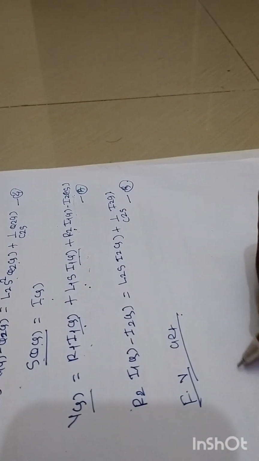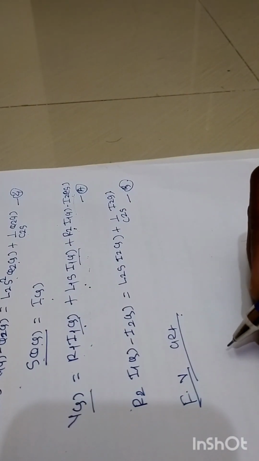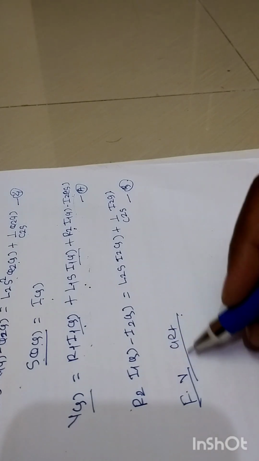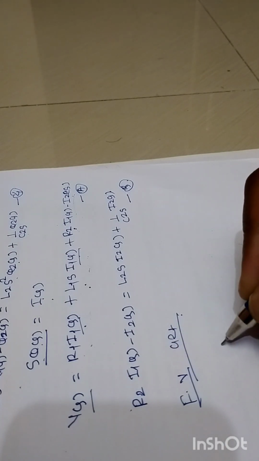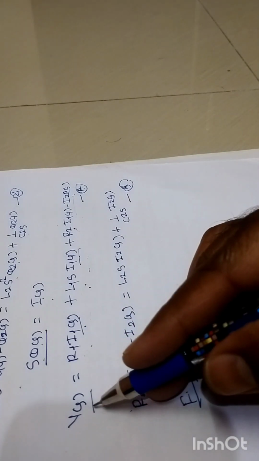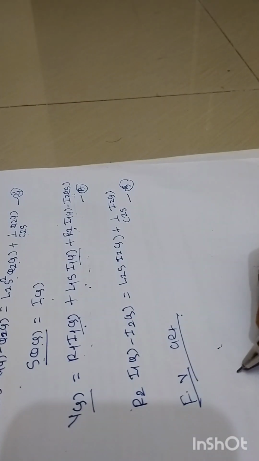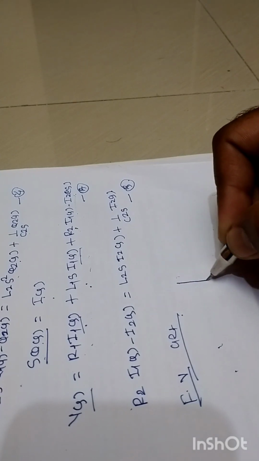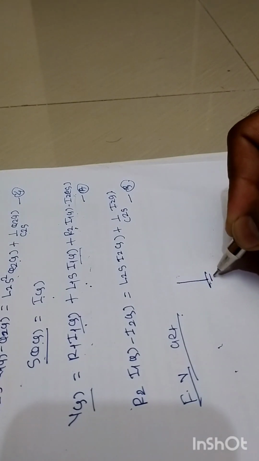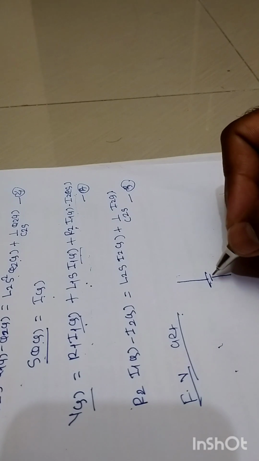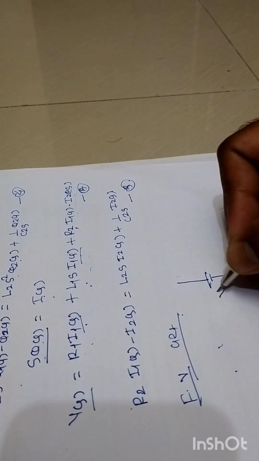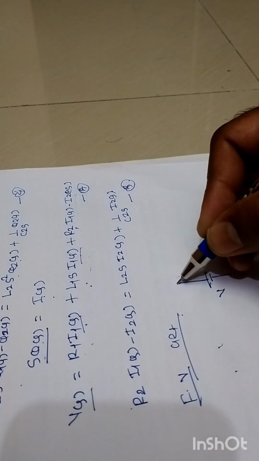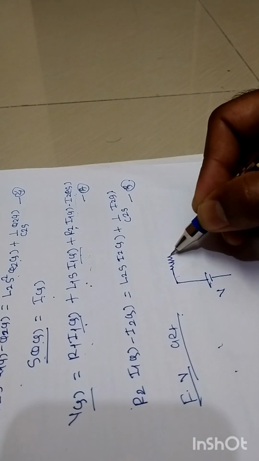Means we are coming to this conclusion that when we draw the force voltage analogous circuit, at that time this V is nothing but the applied voltage, right? So the force voltage analogous circuit will become: this is the symbol of voltage, that is V, and this is R1, right?